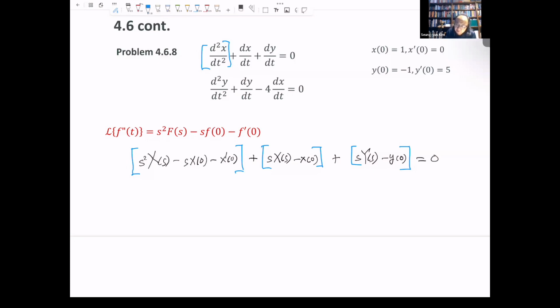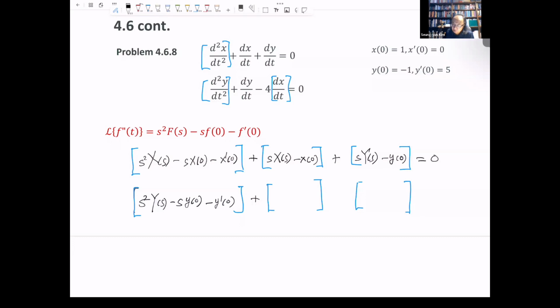Second equation, we have s squared times y of s minus sy of 0 minus y prime of 0, plus sy of s minus y of 0 minus 4 sx of s minus x of 0 equals 0.